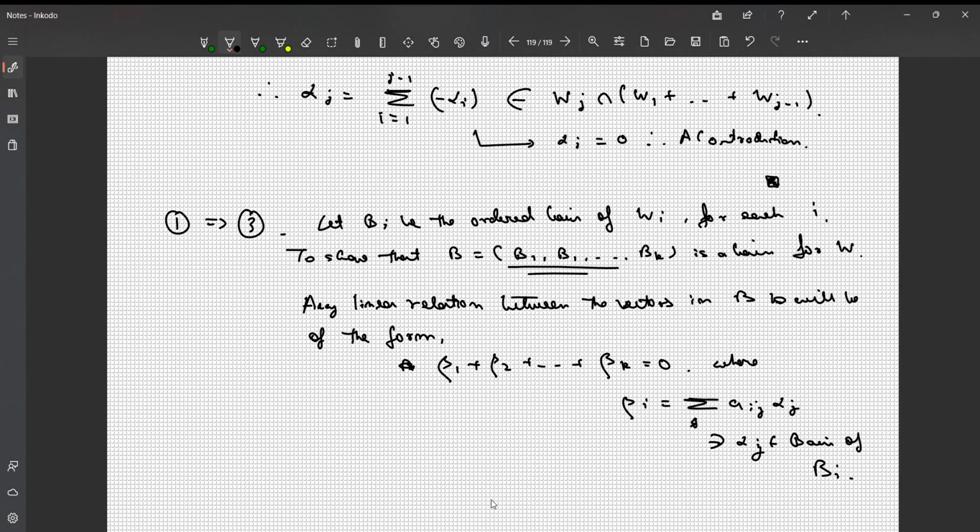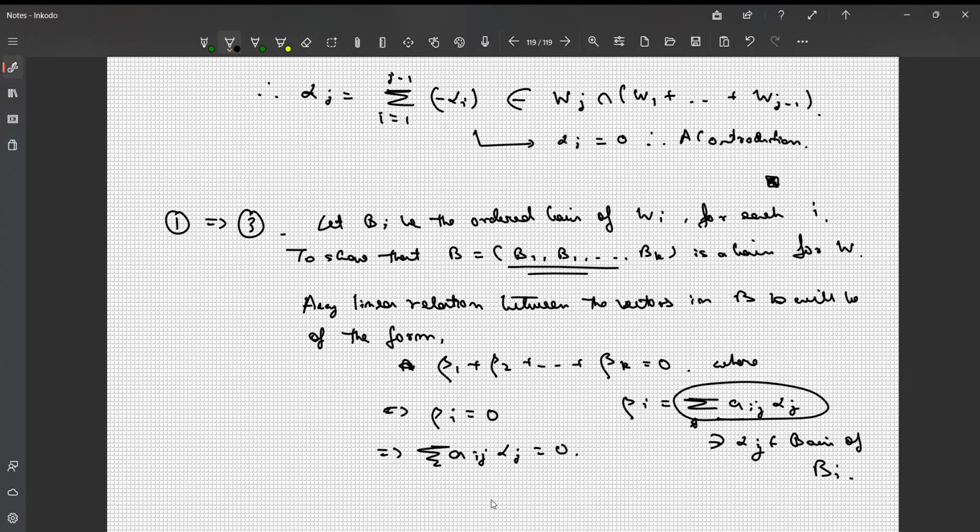But obviously, since this is equal to 0, and each beta i is an element of Wi, and the Wi's are independent, this immediately implies that each beta i must be equal to 0, right? So if beta i is equal to 0, then that implies the summation over a_ij alpha j must be equal to 0.